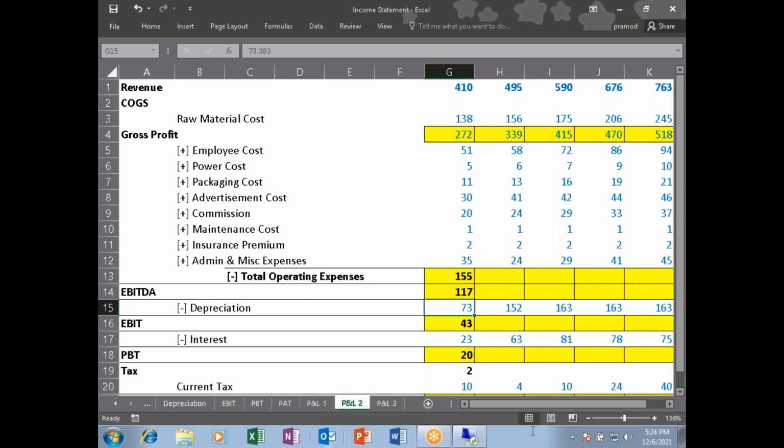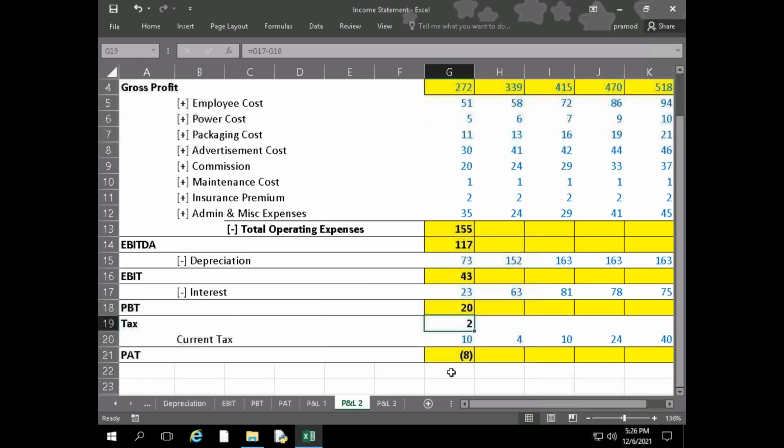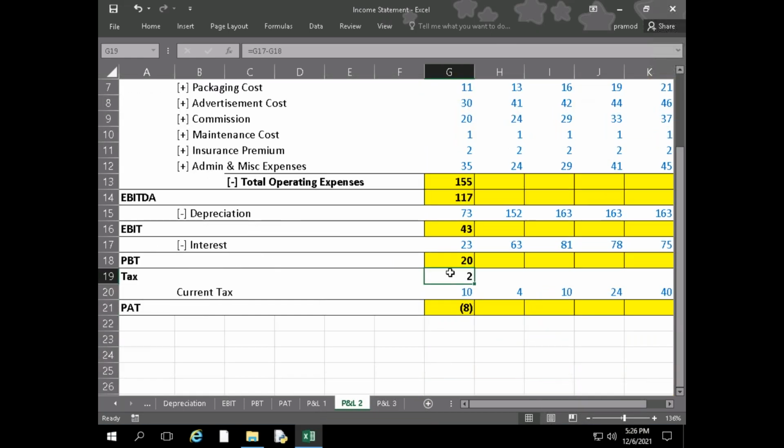Sir, in the first column, how did the tax come as 2? Because in ours, the current tax is 10. So 20 minus 10 is 10. Here the current tax is 10. How did the 2 come, I'm asking.